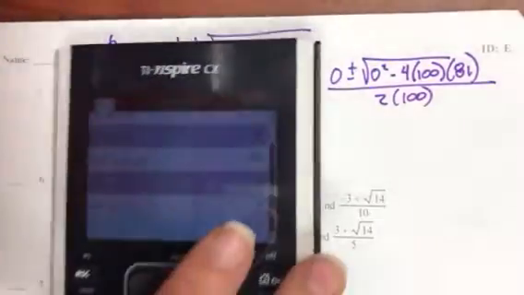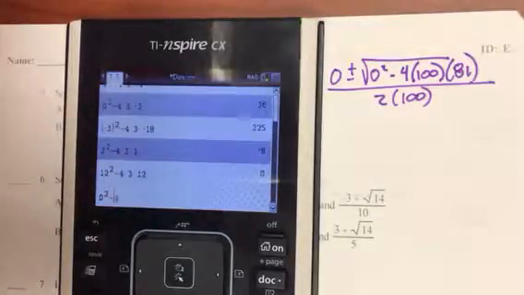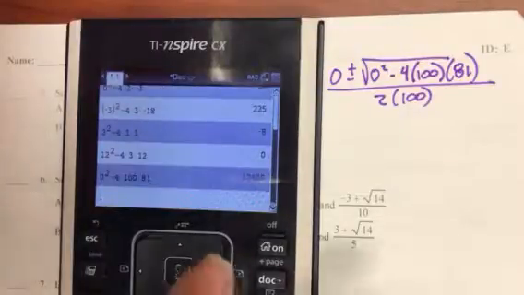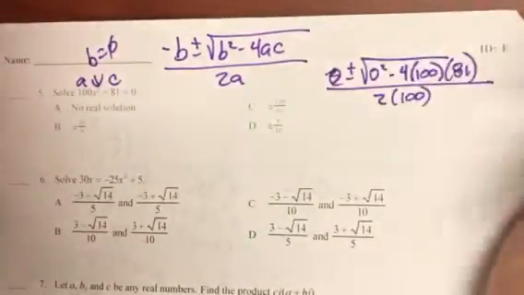I'm going to plug it into the calculator. What is 0 squared minus 4 times 100 times 81? Negative 32400. So my 0 can disappear, that doesn't do anything.